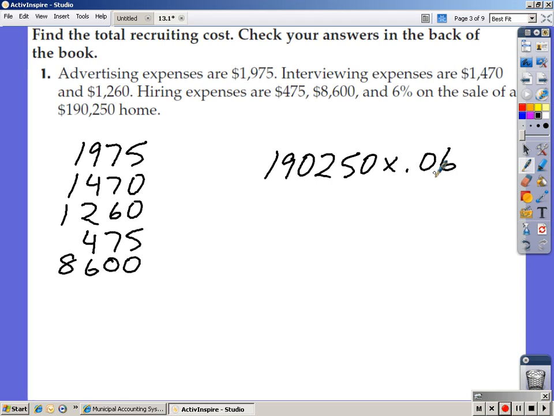And while I'm plugging this in the calculator, does everybody know why 6% is used? 6% is a standard fee that a real estate agent receives from the sale of a house. Okay, so we're going to add $11,415 in. Okay, so add all that up.